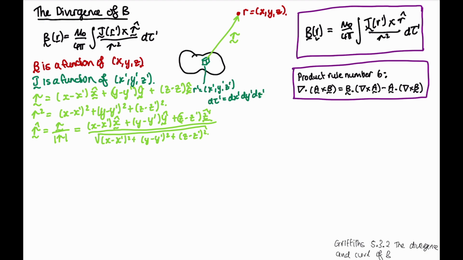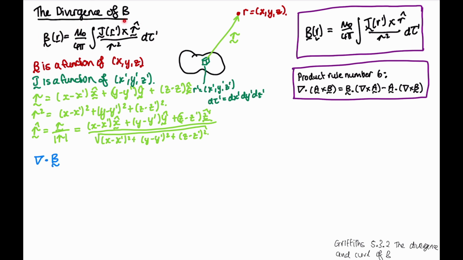Now what we're trying to do is find the divergence of B. So that's what we're going to do now. And we're taking that divergence with respect to where it's being measured from. So x, y, and z, not with respect to x prime, y prime, and z prime, which is where our current distribution is found. So we are going to take the divergence of B. We've got B up here.